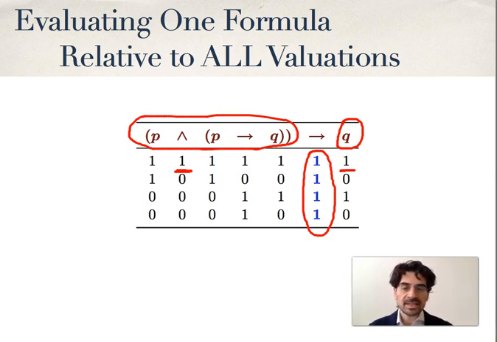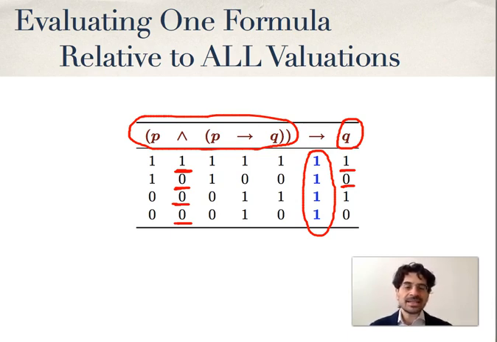If the antecedent is assigned truth value 0 and the consequent is assigned truth value 0, then the implication as a whole again has truth value 1. In all the remaining cases, the antecedent is assigned truth value 0, and therefore the implication as a whole is assigned truth value 1 in every single case, because whenever the antecedent has truth value 0, the truth value of the implication is 1, regardless of the truth value of the consequent.